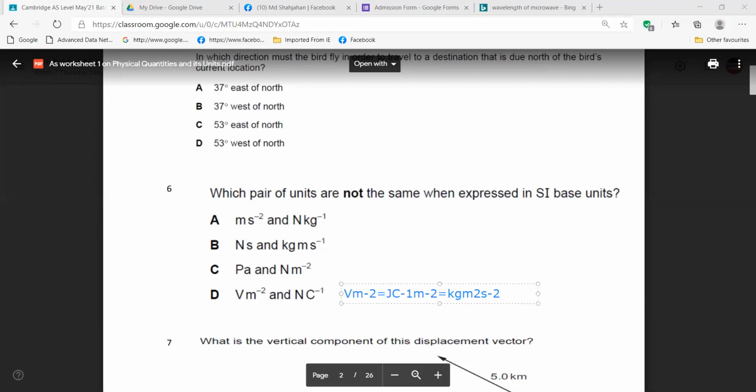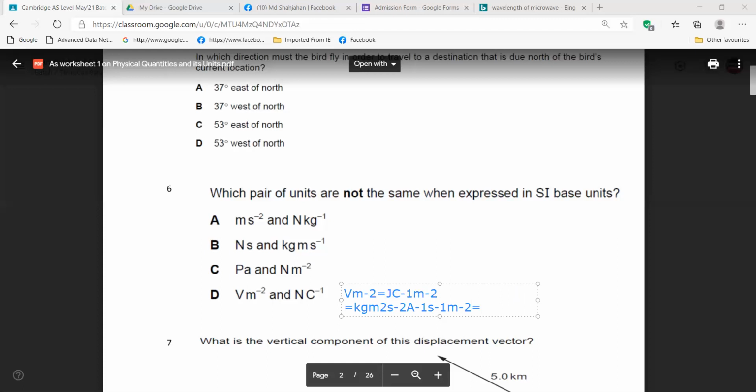And if you are taking coulomb minus, that means you are writing ampere minus 1 and second minus 1. Then after coulomb we have meter minus 2.